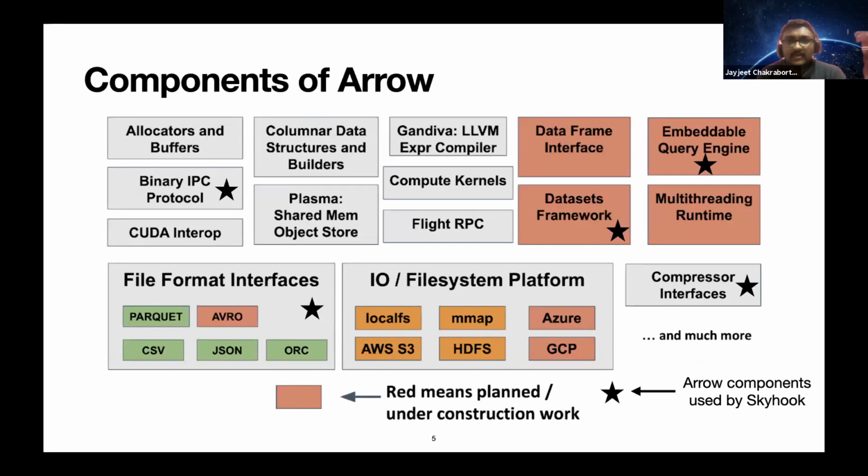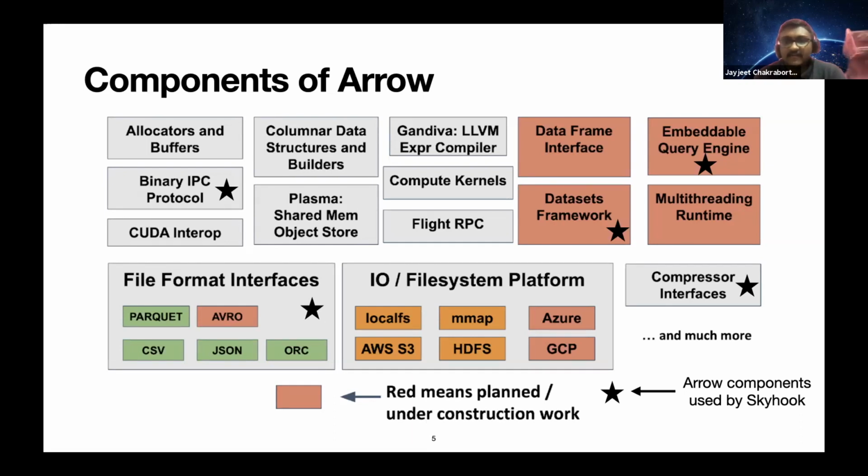Arrow is not only a zero serialization, zero copy format, but it's more. It has a very extensive query processing or data processing framework built around it. It has different modules, such as a binary IPC protocol for transferring Arrow over the network.